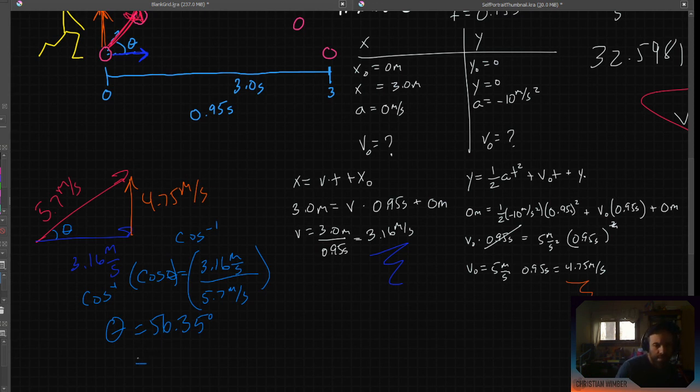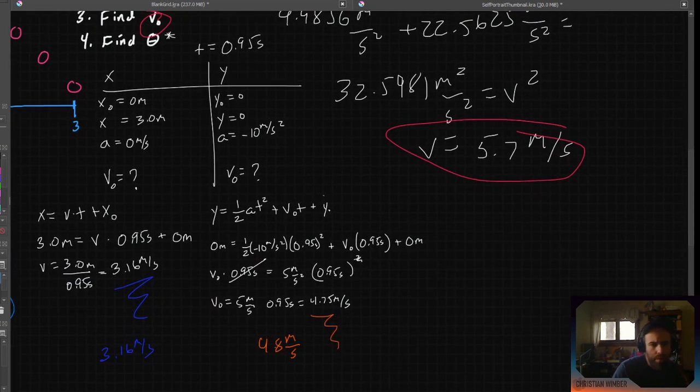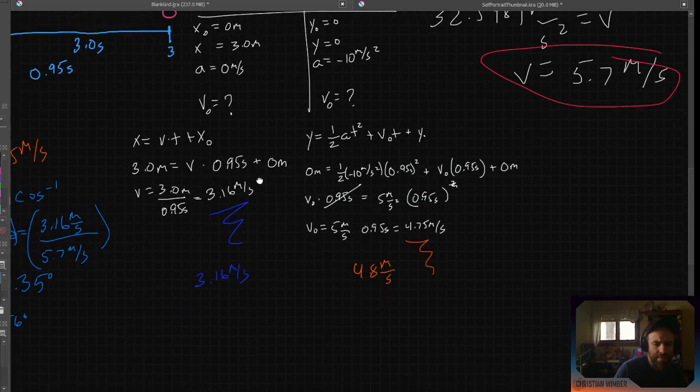Watching sig figs, let's go ahead and round some of our answers. We can't do better than 56 here. This one right here, 3.2 meters per second. Let's color code things nicely, shall we? The vertical here, 4.8 meters per second, and then our overall is fine at 5.7.